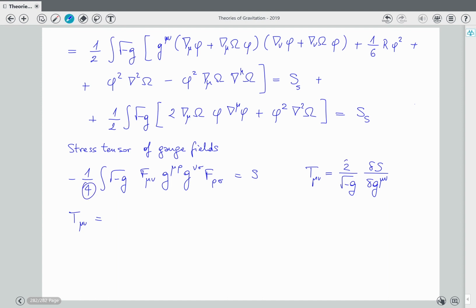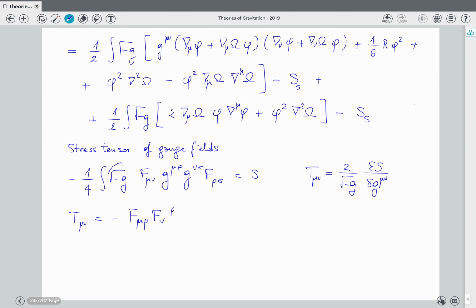This 4 disappears because you have a 2 there, but you have two terms that give the same result. The square root of minus g also disappears, but we have a minus. We have to take care of the minus. So we have minus F mu rho, and the first two indices should be the free ones.